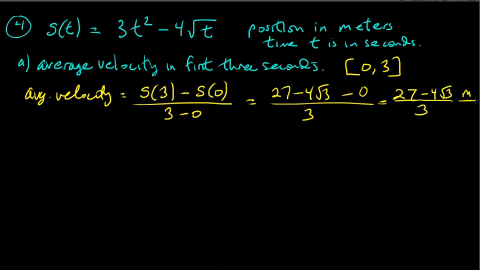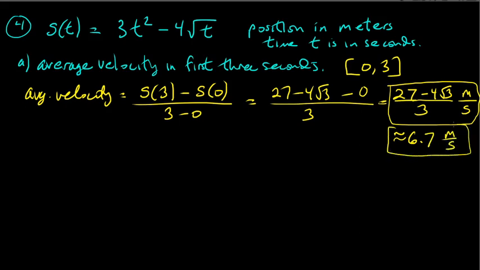Meters per second. And it also says round to the nearest tenth, so tenth of a meter per second. My calculator says 6.69, so approximately 6.69 meters per second. Oh, I'm sorry, nearest tenth. So 6.7 meters per second. Fair enough.